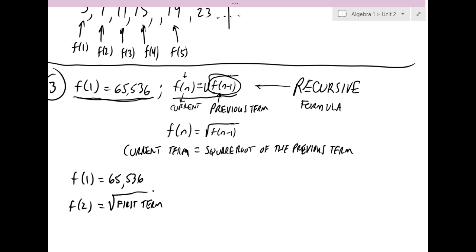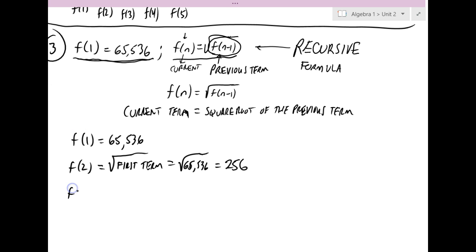Okay? And that is the square root of 65536. You might need a calculator to get that. What's the square root of 65536? 256. And then to get the third term, that's called f of 3, we're going to take the square root of what, Brandon? Of 65,536.